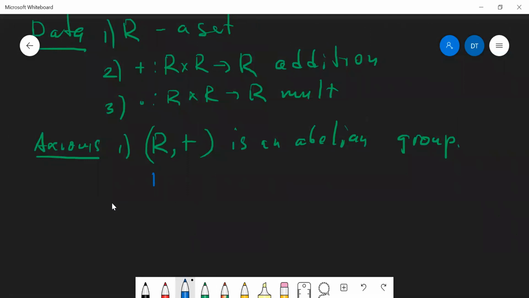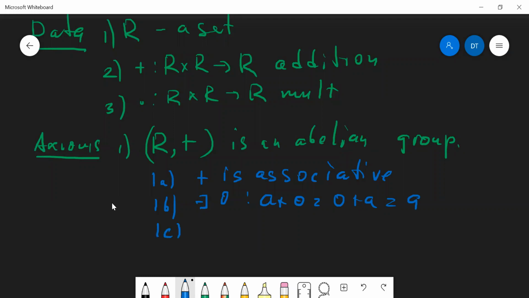This simply means that 1A, plus is associative. 1B, there is a neutral element: A plus 0 equals 0 plus A equals A. 1C, there is an inverse for each element A: there is an element minus A such that A plus minus A equals minus A plus A equals 0.